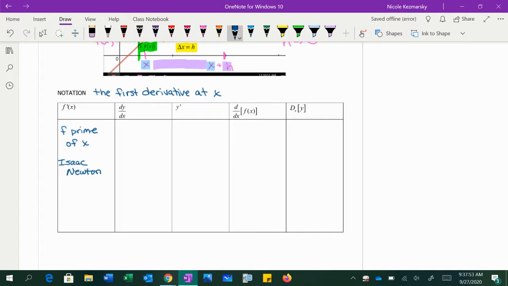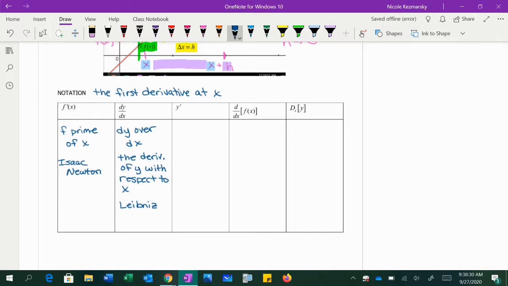The second notation, we usually read as dy over dx, or the derivative of y with respect to x. This was developed by Gottfried Leibniz, who is the unspoken father of calculus.